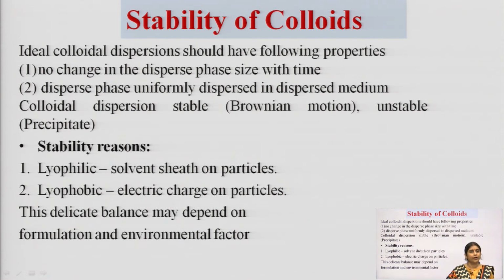Now, these colloidal dispersions are stable by the Brownian motion. We have already discussed that due to the Brownian motion, these colloidal dispersions are stable, and instability can be seen by precipitation or aggregation.